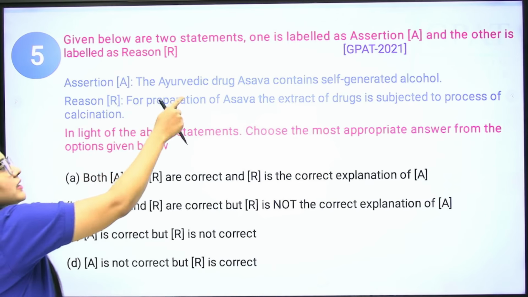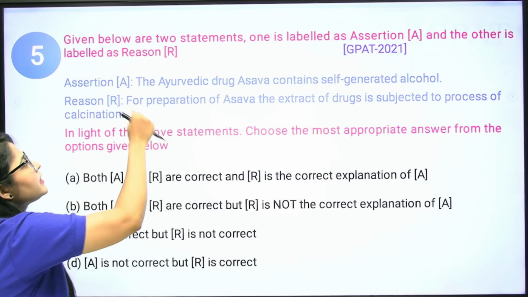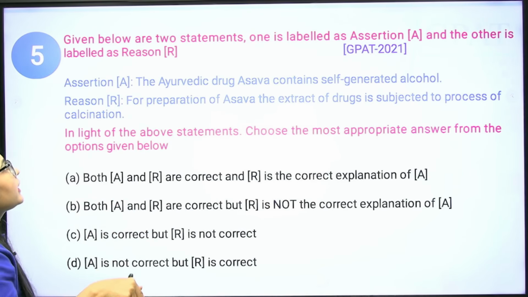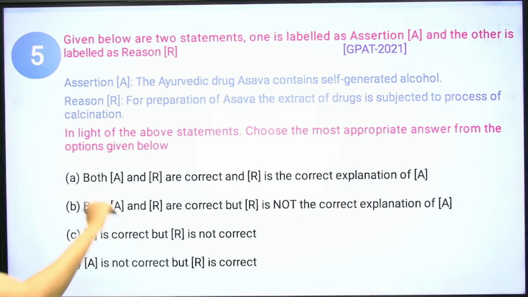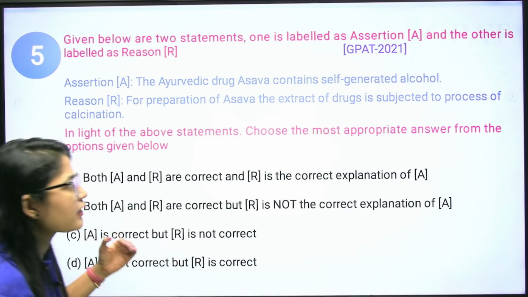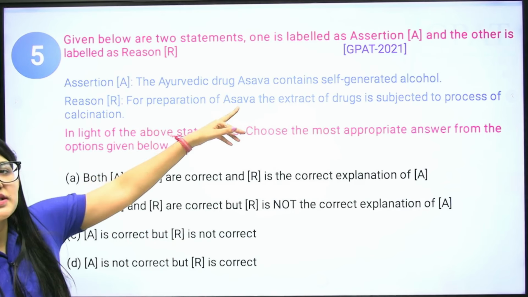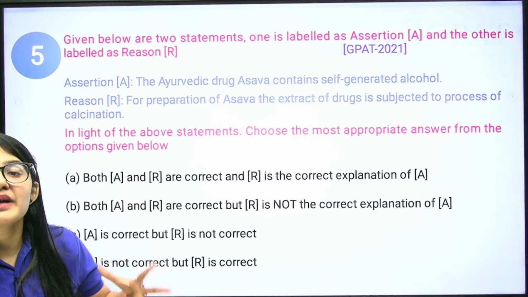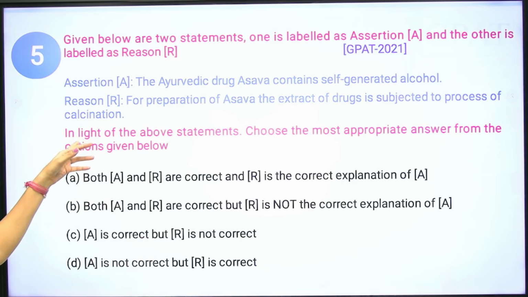See, if the assertion is saying something, then the reason should support it. It should not be opposed to those reasons. Clear? So, let's see. For preparation of Asavas, calcination is the burning process, obviously. But we are saying the definition of Asavas is that it is produced by fermentation process, not by burning process.